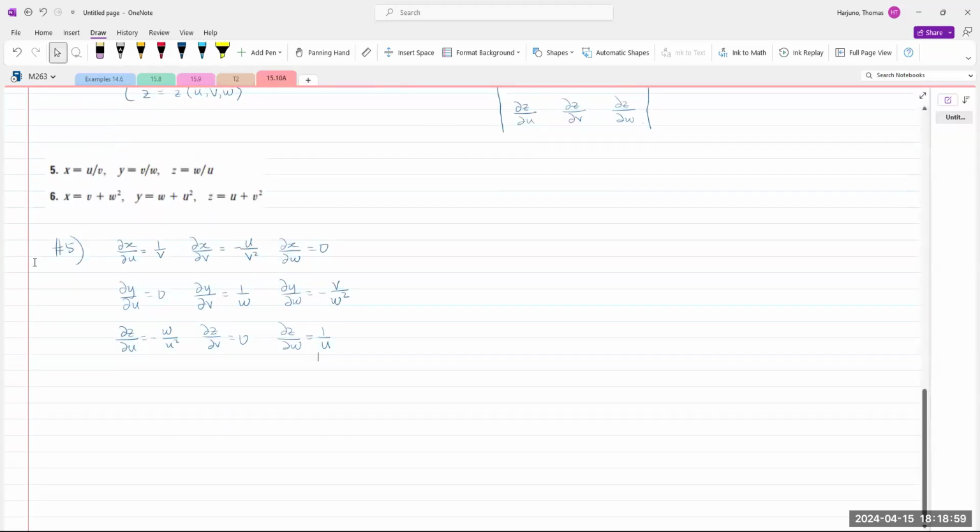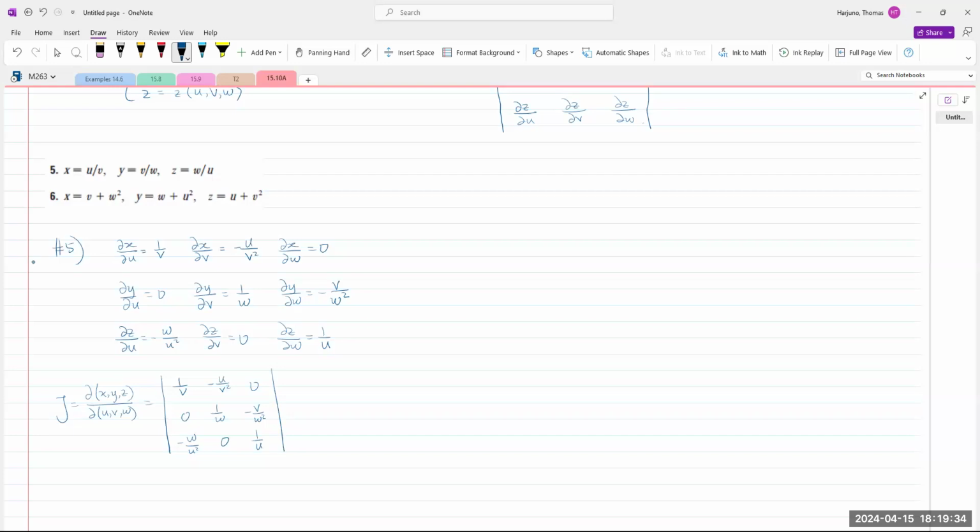So the Jacobian, which is ∂(x,y,z) over ∂(u,phi,w), is the determinant of 1 over phi, negative u over phi squared, 0; 0, 1 over w, negative phi over w squared; and then negative w over u squared, 0, 1 over u.